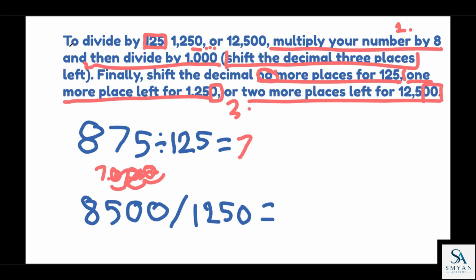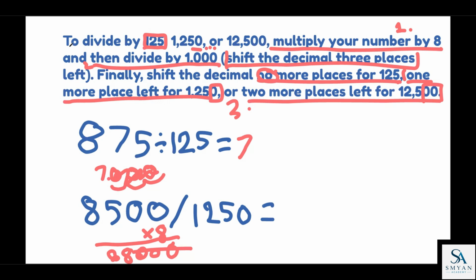Moving on, 8,500 divided by 1,250. What we're going to do is multiply this by 8. That will give us 0, 0, 0, drop the 4 and you get 68,000. Good. Now we divide by 1000, which means shifting the decimal place 3 times, also known as removing 3 zeros.